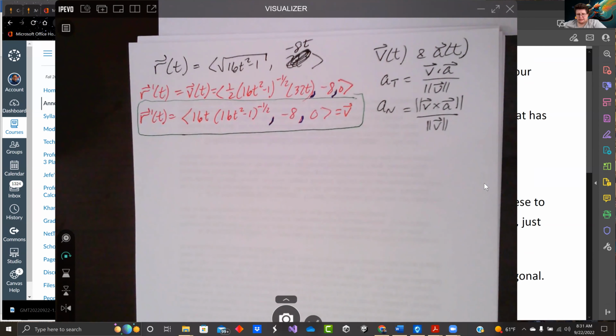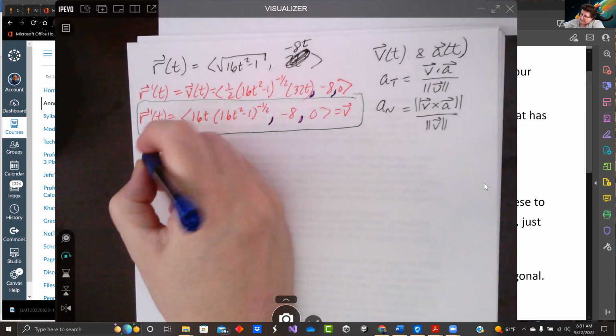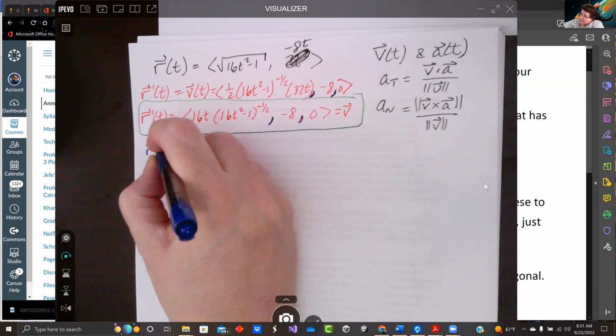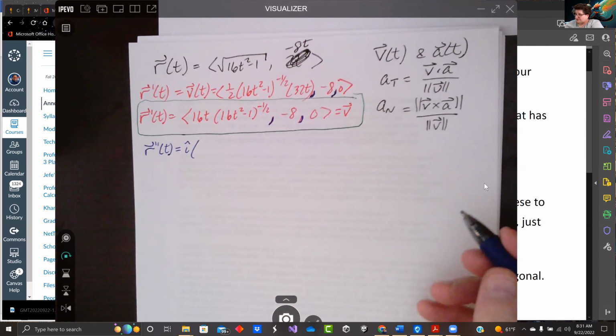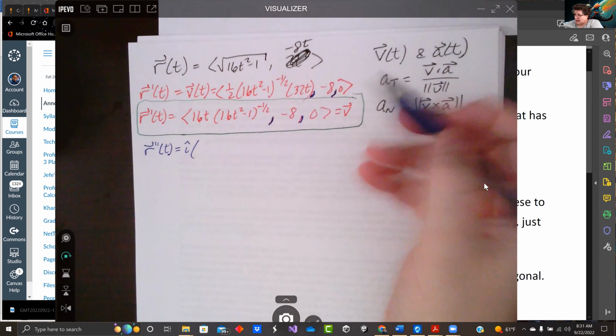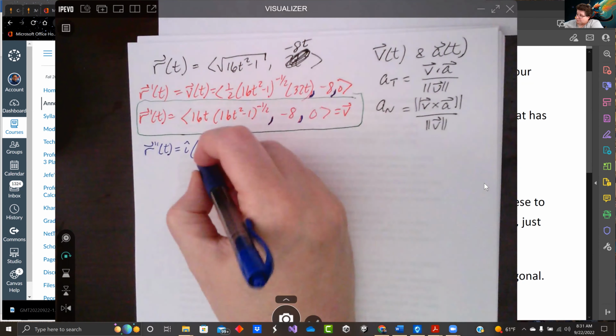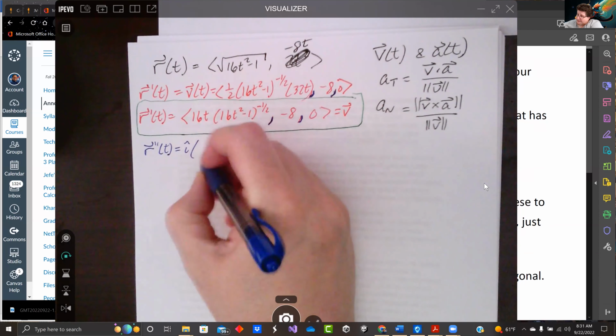All right, this is where it gets a little messy because we've got a product right there for the x component. We can see y and z are both going to be 0 when we take the derivative. So all we've got for r double prime is an i component. And now it's just figuring out what it is. I will do the product rule. I like doing the derivatives in order.